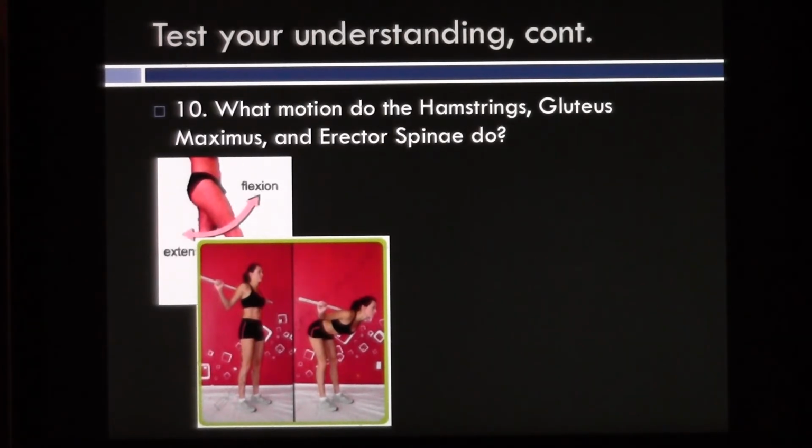Think about the difference between a good morning and a Romanian deadlift. Good mornings work your low back, those erector spinae, a lot. The Romanian deadlift works more into the hamstrings. But again, they're all working all three.